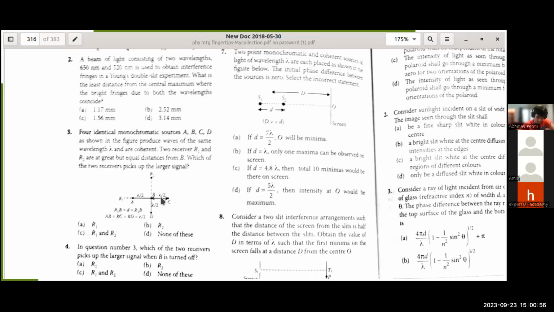Right? No, you have to cancel B and C, cancel B and C, one pair will cancel. Okay, fine, I cancelled B and C, I accept your point. So A and D remain. A and D are the only sources producing anything at R1, right? Okay. And for R2, similarly you can say B and D cancel.